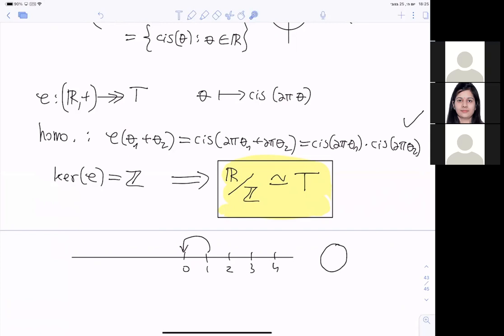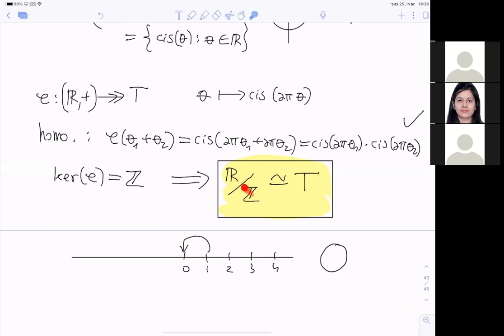All elements here correspond to elements here. This is what it means: R modulo the integers is exactly the unit circle. But what does it mean that one is identified with 0?